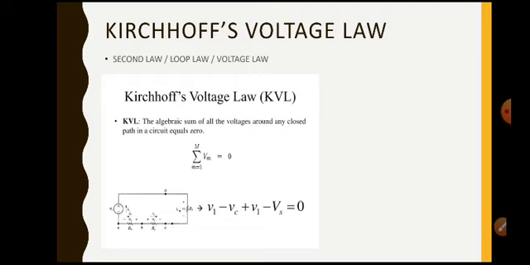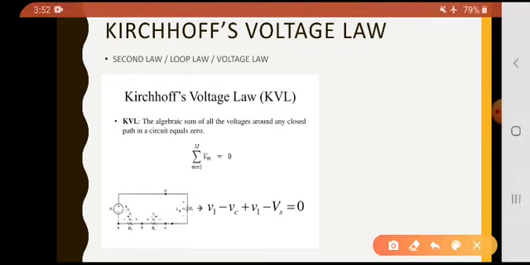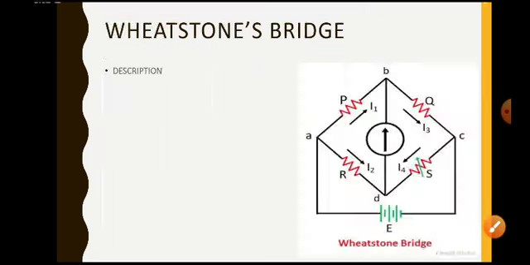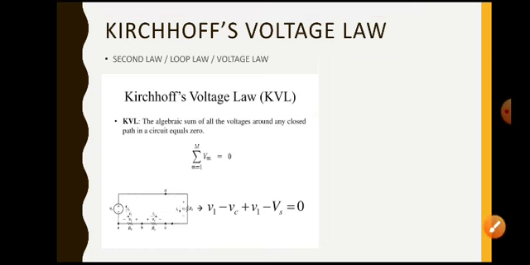Here the algebraic sum of all the voltages around any closed path is equal to 0. So the sum of the voltages is equal to 0, sum of V equals 0, or all the potential differences across the circuit sum to 0. This is the second law.